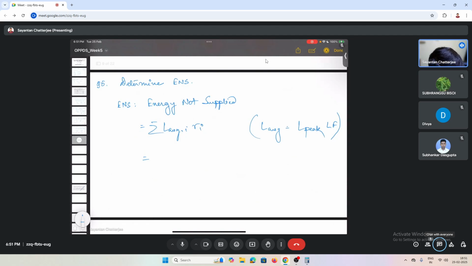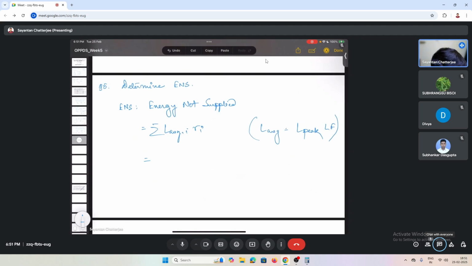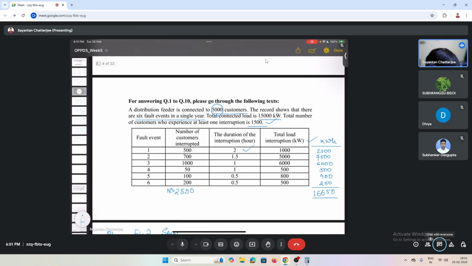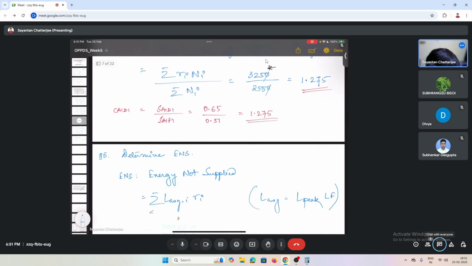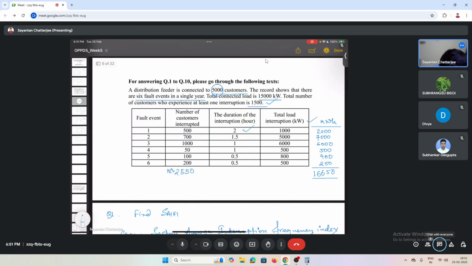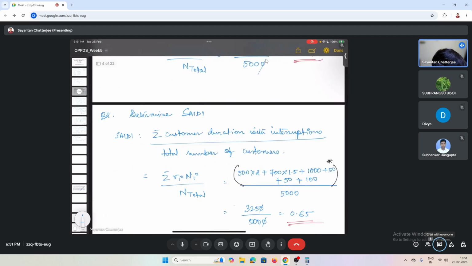So summation of all the durations and the load loss, or load interruption. So it's 1000 into 2 plus 5000 into 1.5 plus 6000 into 1 plus 500 into 1, I think. Yes, then 800 into 0.5, then 500 into 0.5.